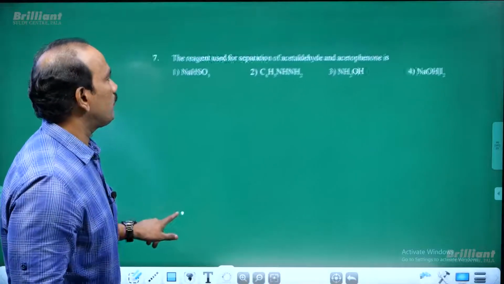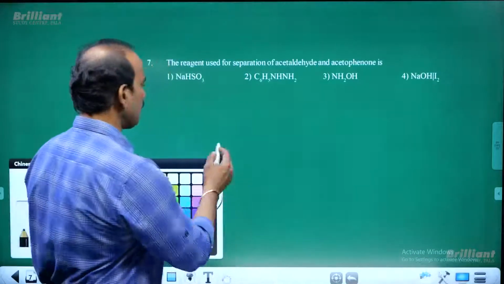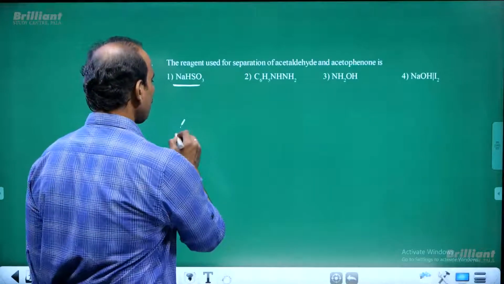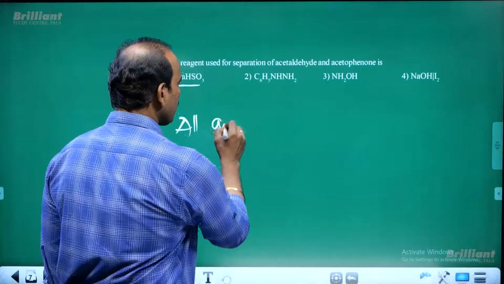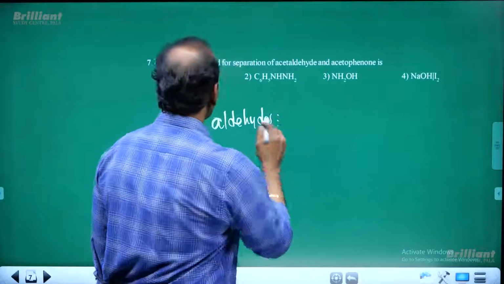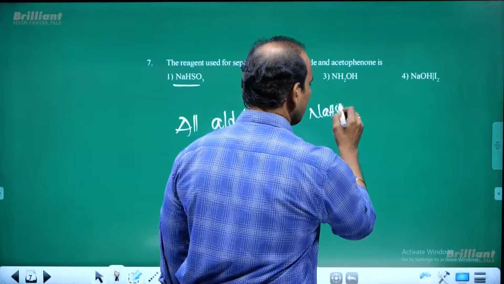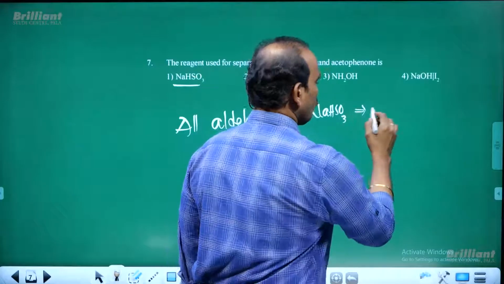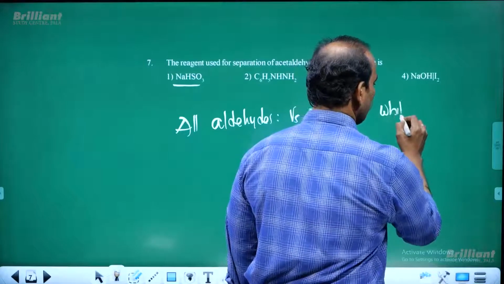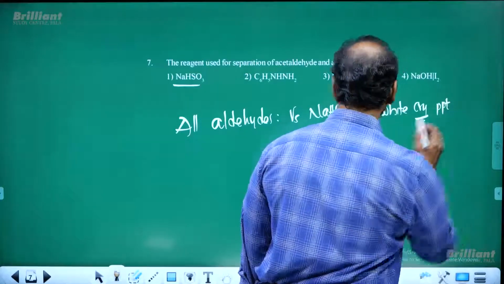Next one. The reagent used for acetaldehyde and acetophenone is generally sodium bisulfite. What is the use of this one? All aldehydes react with sodium bisulfite. It gives a white crystalline precipitate. What is that?